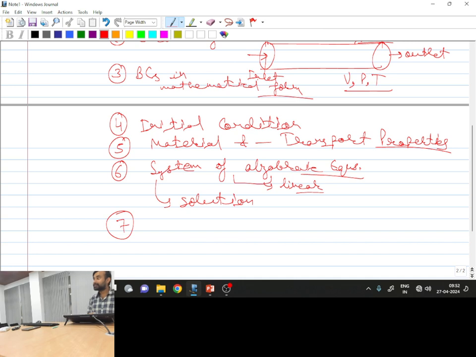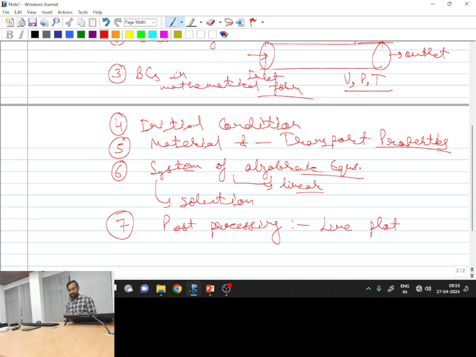I will now discuss that. That is called post-processing. In the post-processing, what will you be plotting? You can plot some line plots, such as centerline velocity as a function of time, or how velocity varies with radial position.